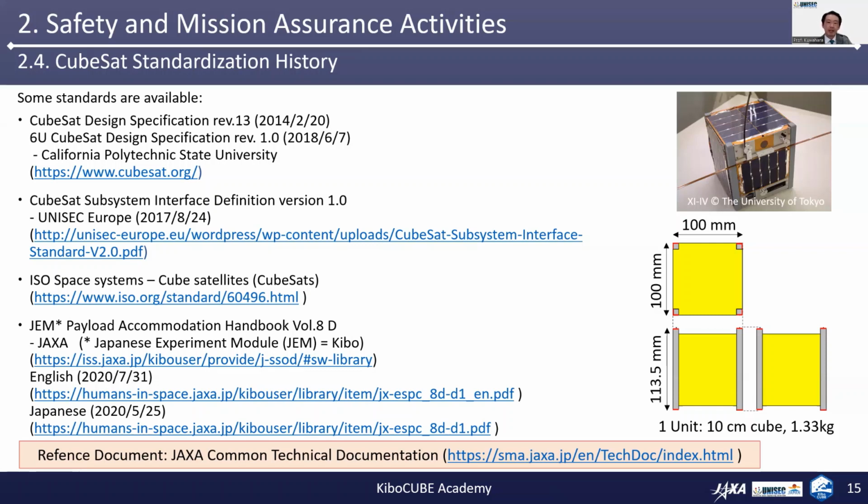The Japanese and English versions of Rev. D are available here. In addition to them, JAXA also has general common technical documents available in both English and Japanese here. So if you would like to deepen your knowledge about space engineering further, please refer to these technical documents as well.